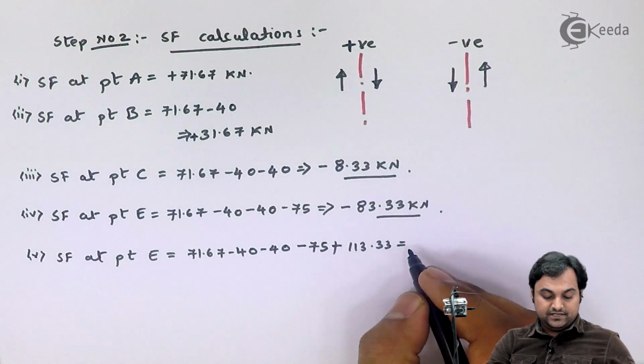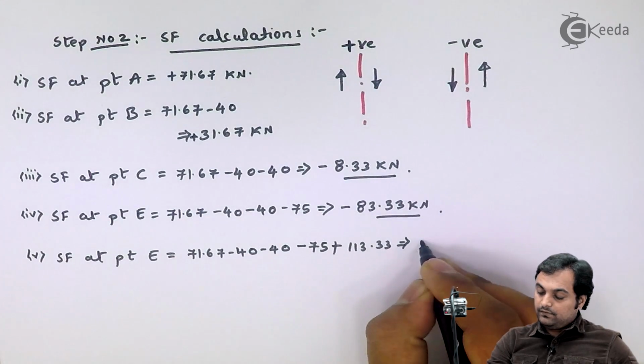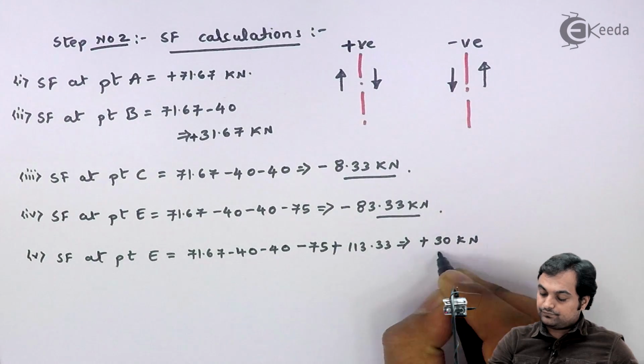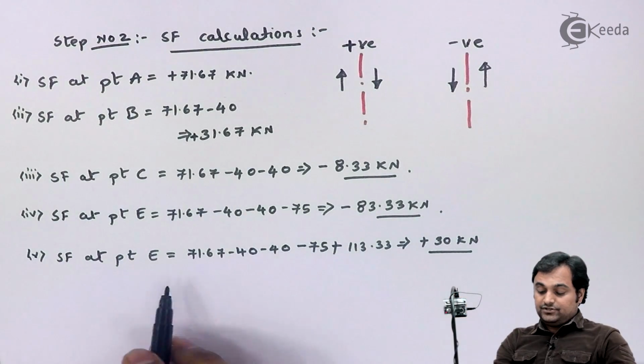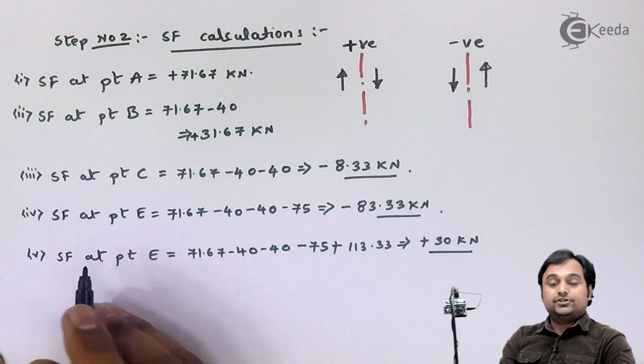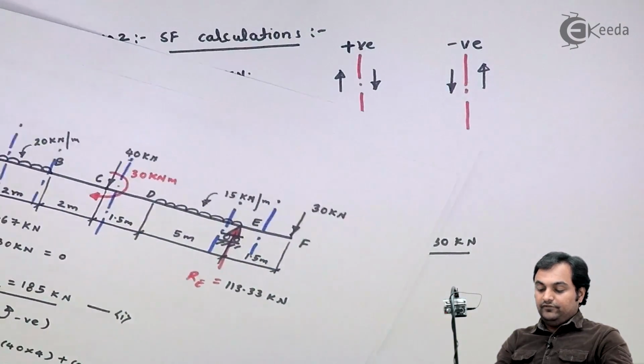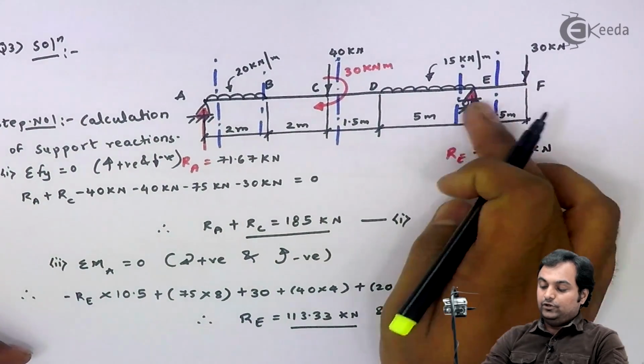So that gives me an answer of plus 30 kilonewton. Now this shear force will remain constant up to point F because we don't have any load between E to F.